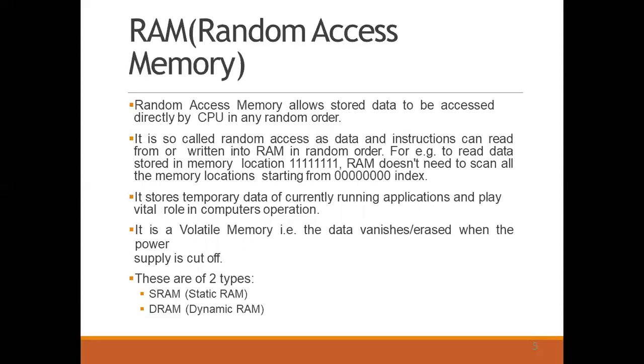If you run a big application with a very small amount of primary storage, meaning RAM, it will be difficult for the machine to run it because of the low capacity of the RAM. And it's a volatile memory, that is, the data will vanish and will not be stored when the power is off. So there are two types, the SRAM and the DRAM.